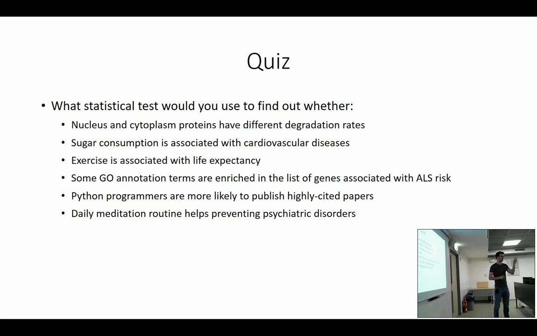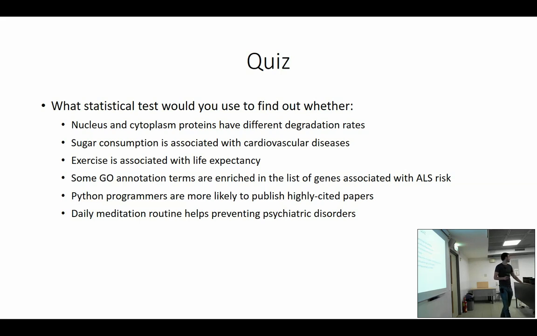So for example, what do you suggest? Correlation, if we consider the spectrum of numeric values. For both values, so both sugar consumption and the disease? OK, so how would you model the disease as a continuous variable? There's all sorts of scores for cardiovascular diseases, or maybe it's less suitable.